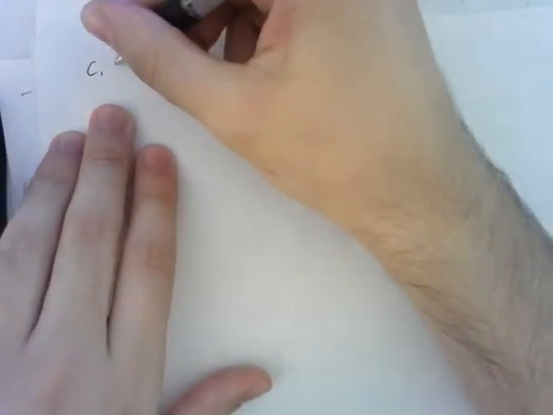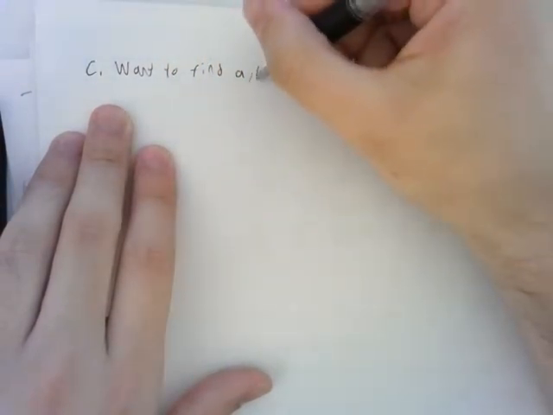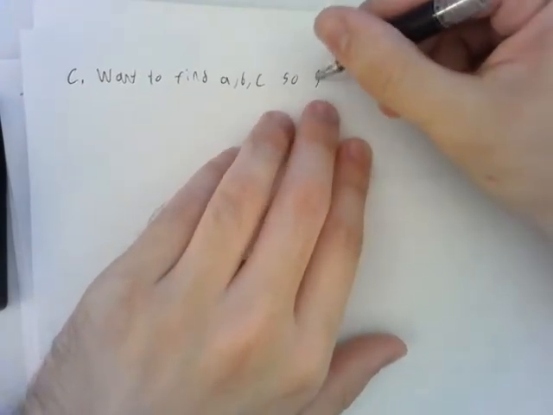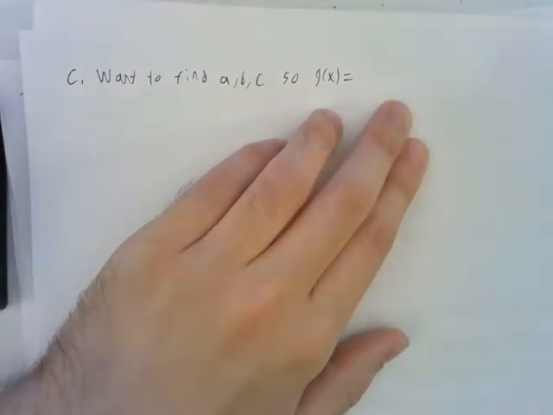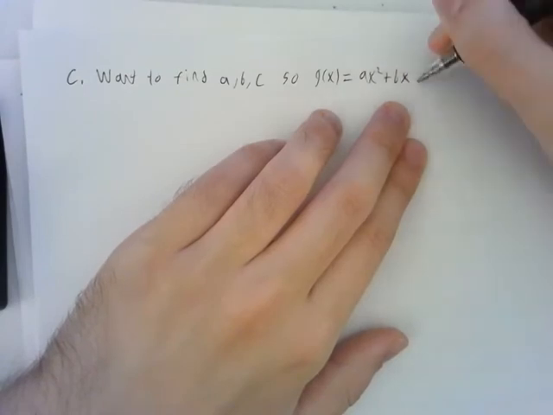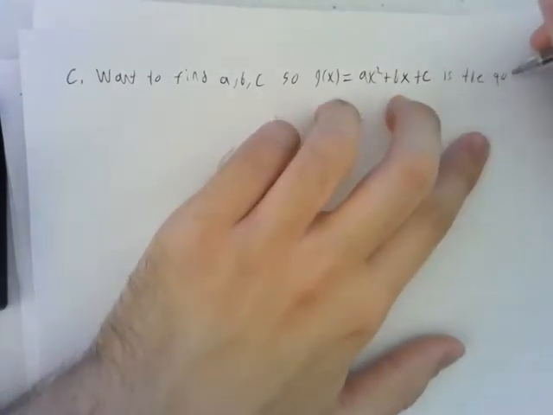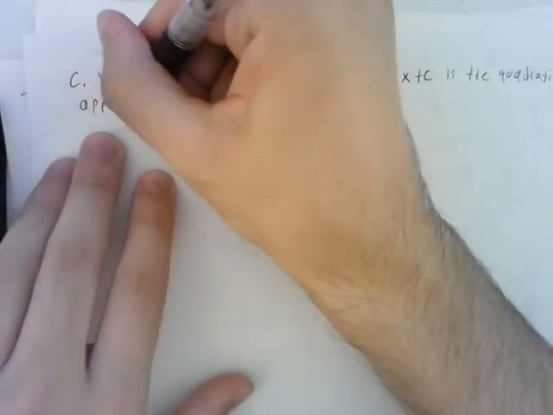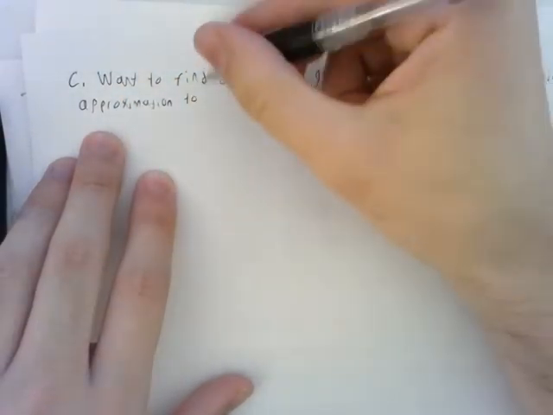We want to find a, b, c so that g of x, which equals ax squared plus bx plus c, is the quadratic approximation to f of x.